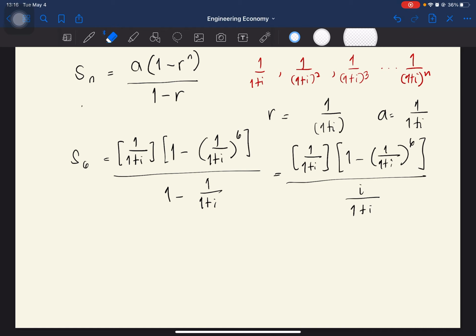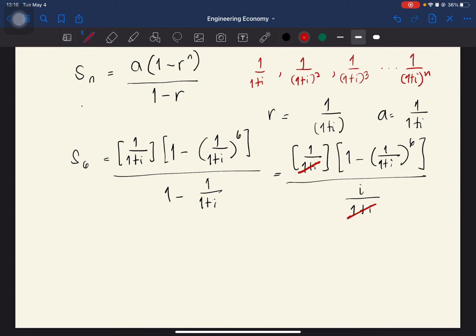Okay, now, since your denominator o your fraction has 1 plus i sa taas and 1 plus i din dito, then pwede na yung i-cancel. Tama ba? So, let's just cancel this and let's just cancel yung nasa baba na 1 plus i. So, yung 1 sa taas, pwede mo nang hindi isulat yan.